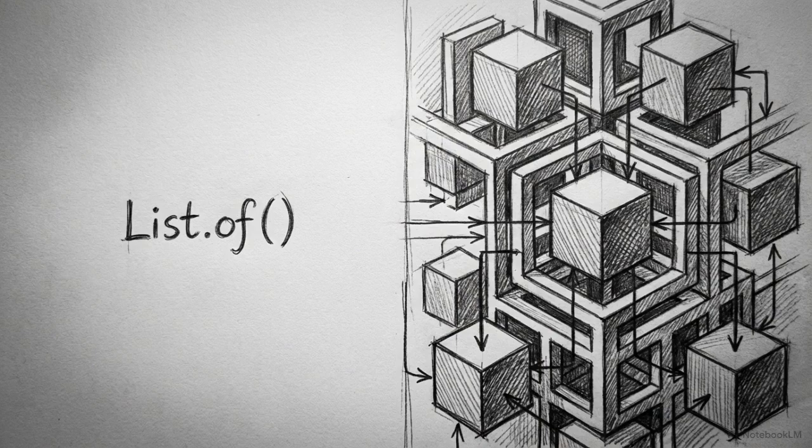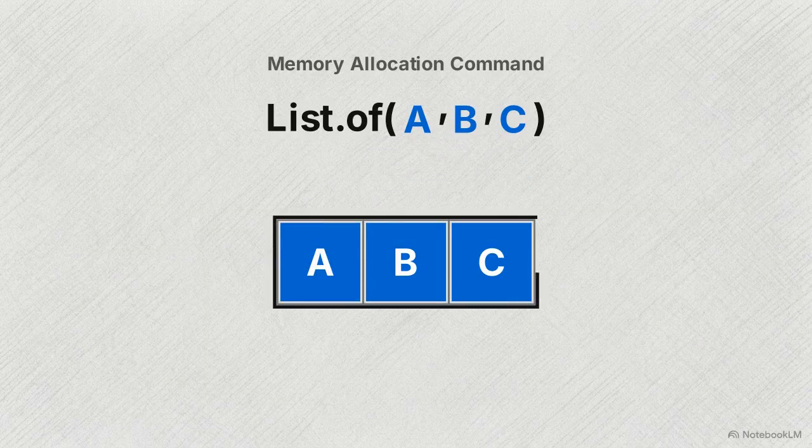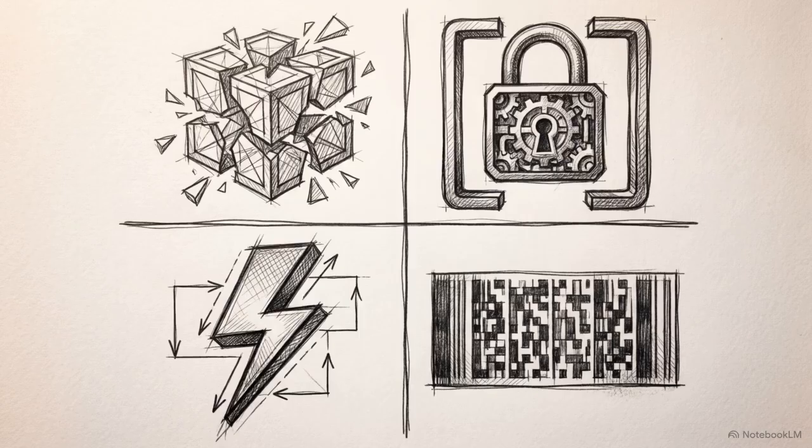Understanding the difference between developer syntax and system architecture clarifies the value of these tools. Executing a List.of command is an architectural decision that dictates how data behaves in memory. It rests on 4 core pillars. The implementation is null-hostile, non-modifiable, optimized, and serializable.